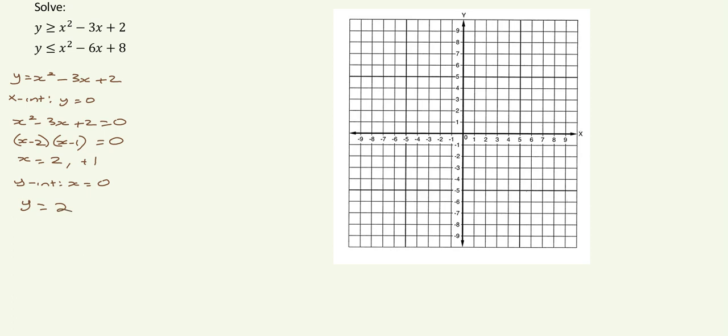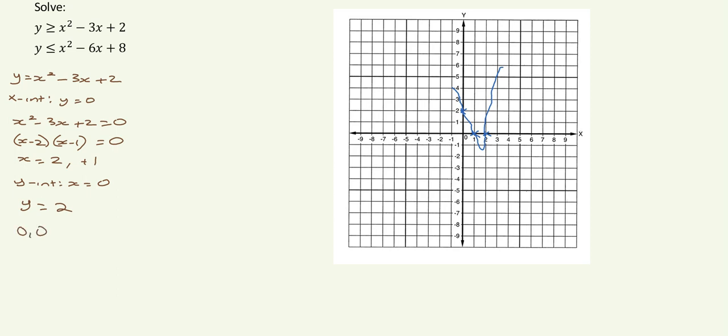So let's put this on the graph. We have x equal to 2. X is also equal to 1. And then y equal to 2. So what we have here is a graph that looks like this. And then we use our origin test.